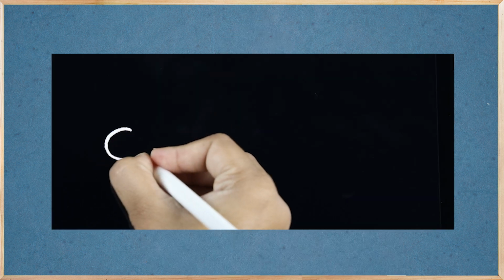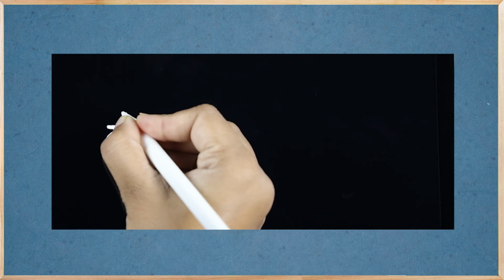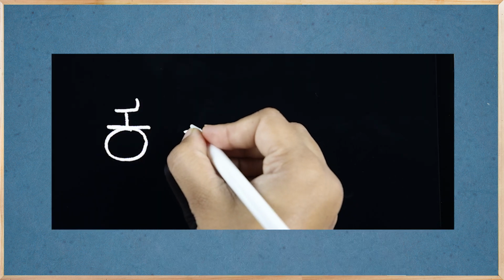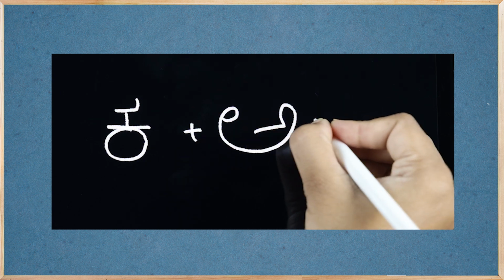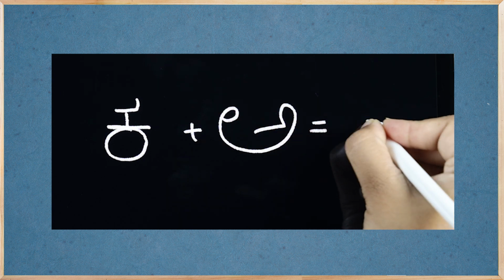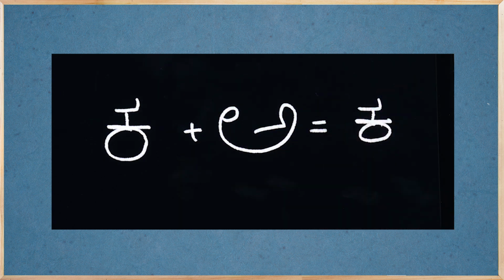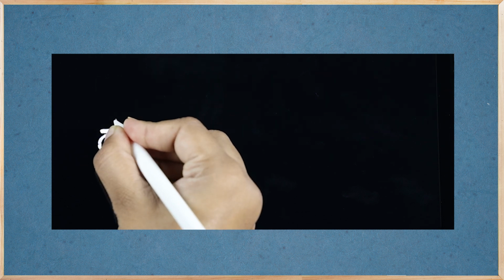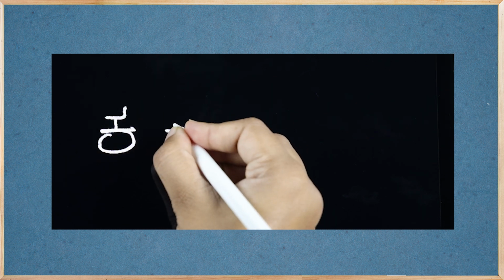Understanding the Kagunita combinations. K plus A becomes Ka. The consonant K paired with the vowel A produces the sound Ka.